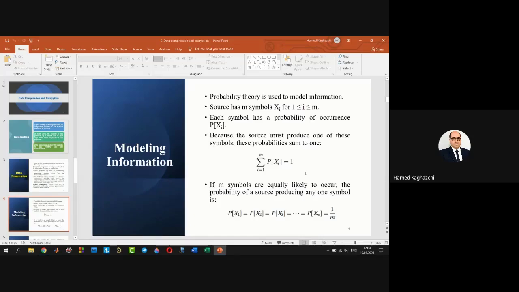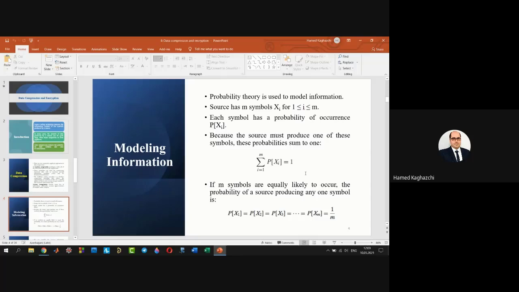In fact, because information contains an element that we don't know previously, we have to use probability theory.